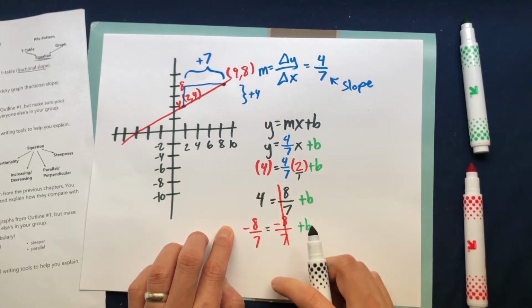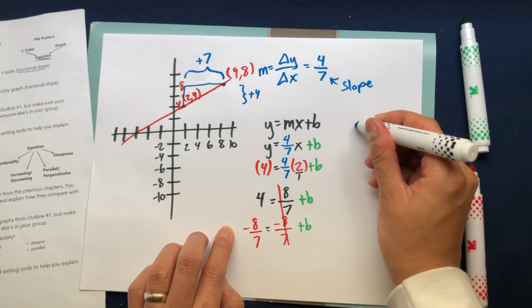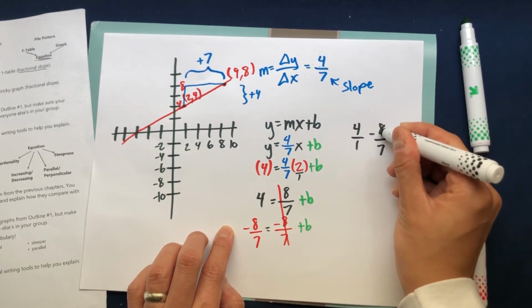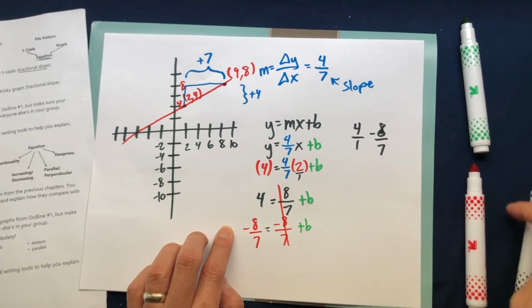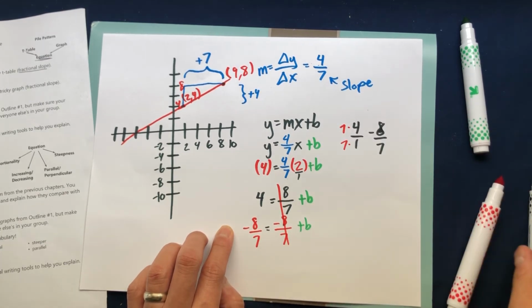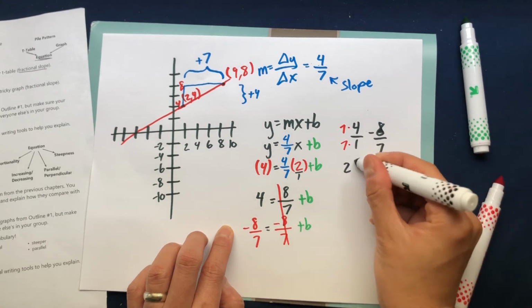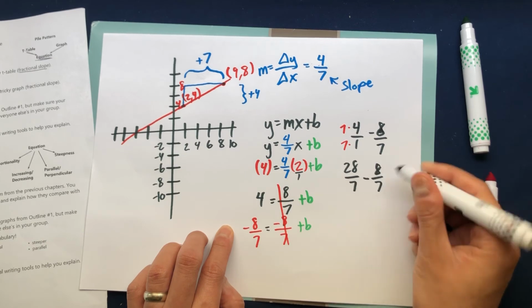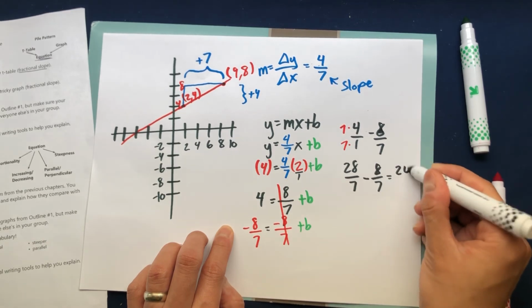So 4 minus 8/7, we'll do some math on the side. 4/1 minus 8/7. Find a common denominator, so multiply 7 in the numerator and denominator, and we're left with 28/7 minus 8/7, which equals 20/7.